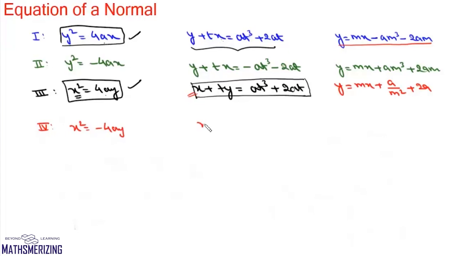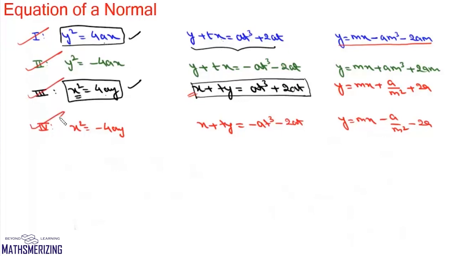So it will be x plus ty equals minus at³ minus 2at, and here it will be y equals mx minus a upon m² minus 2a. So this is how we can write the equation of normal for all the four forms of parabola.